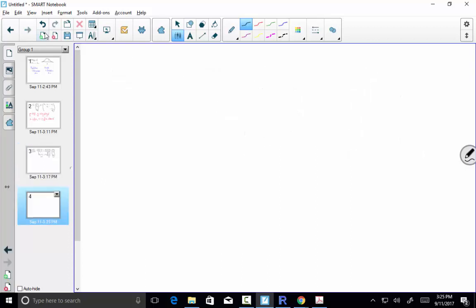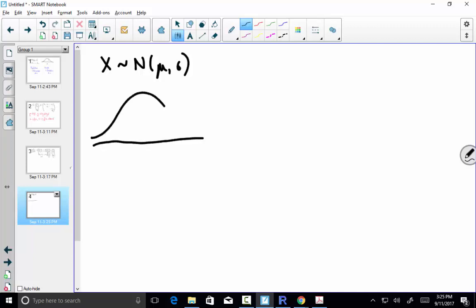The idea is if X is a univariate random variable, normal with mean mu, standard deviation sigma, its distribution is the familiar bell-shaped curve. If instead, let's say we have a bivariate normal random vector, we can say X, the 2 vector, comes from the 2-dimensional normal with a mean vector mu and a covariance matrix capital sigma.